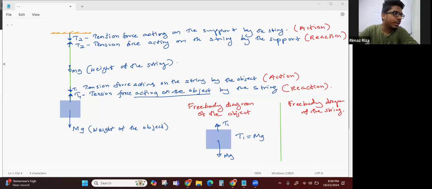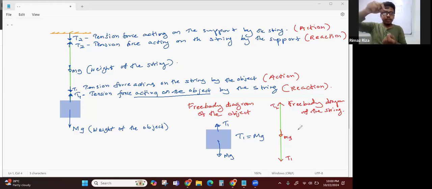What are the forces acting on the string? We know its weight will be vertically downward, mg, and then from this end there is a T1 force acting on the string, and on this side there is another force T2. So if you consider only the forces acting on the string, one is downward T1 and then from the upper end T2.